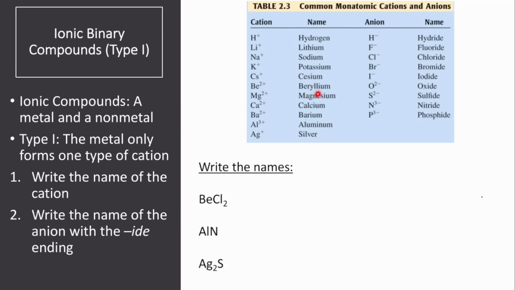Beryllium is right here, so we write beryllium. And for chlorine, we write the name of the anion with the "ide" ending. So chlorine takes the name chloride. So this becomes beryllium chloride.